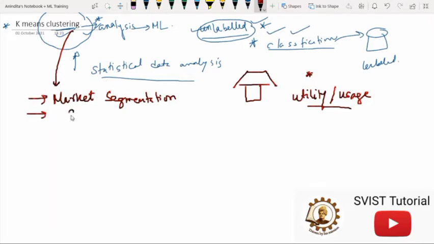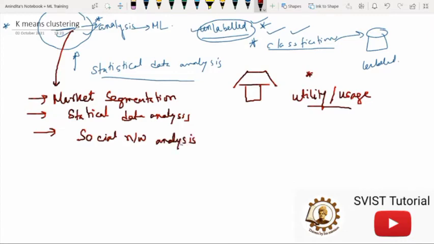The second one is statistical data analysis, where we can use this clustering concept. Social network analysis, this is a research area many people are working on. Here also you can use clustering algorithm.